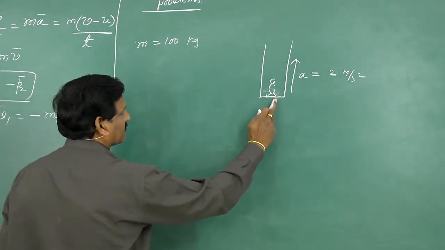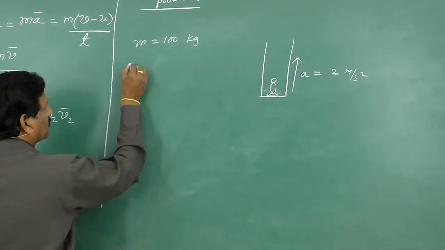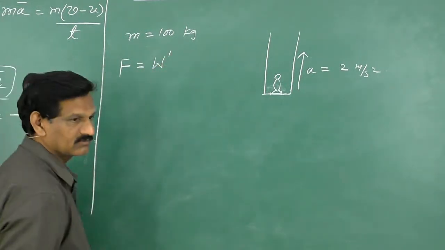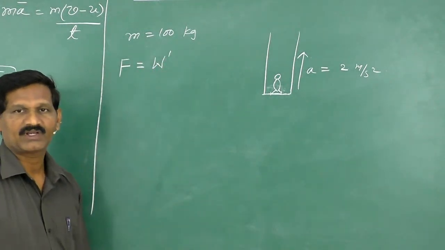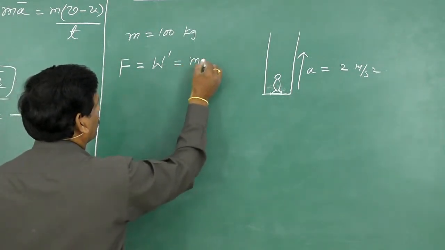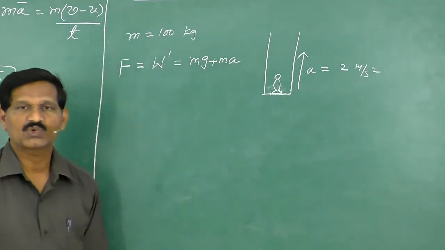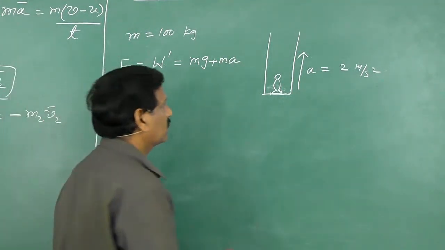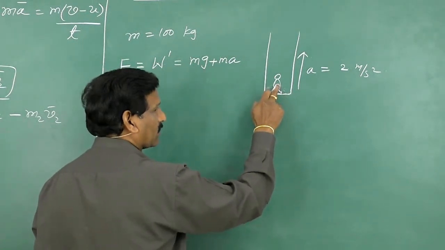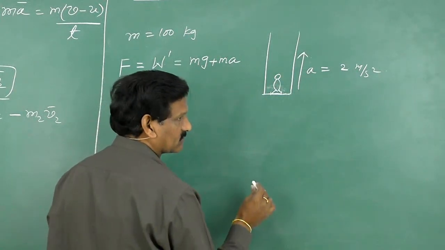So force exerted by the floor on the man is nothing but apparent weight. So apparent weight is equal to mg plus ma. When there is no acceleration, then force exerted by the floor on the man is nothing but the weight of the body.